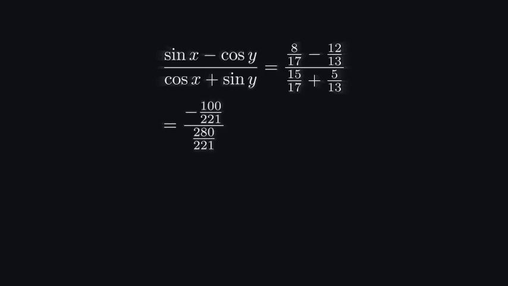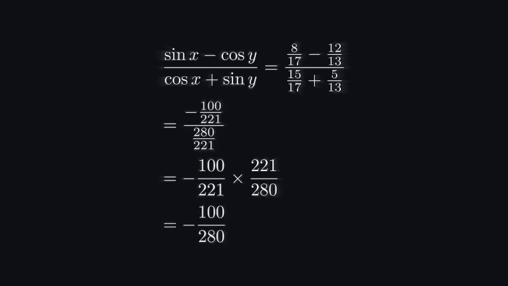So this simplifies to equals minus 100 over 221 over 280 over 221, equals minus 100 over 221 times 221 over 280, which is minus 100 over 280.